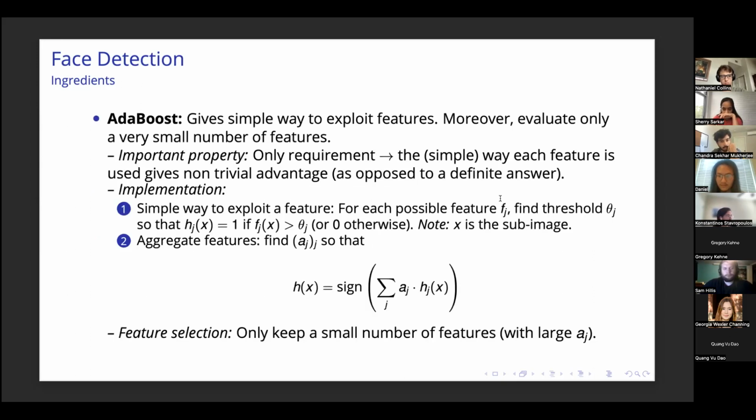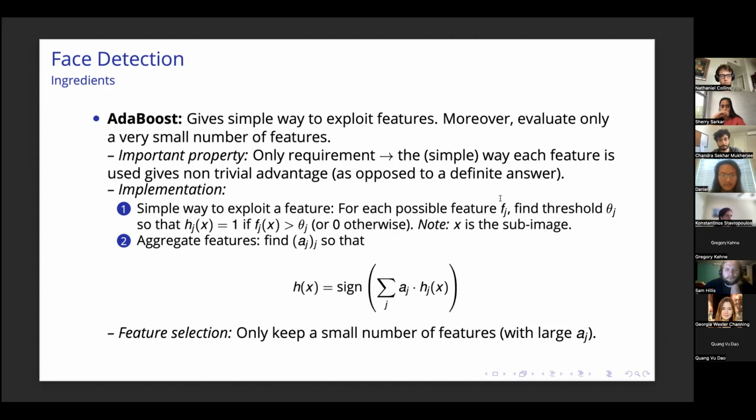Okay, and this simple way is based on a very fundamental, important property: we have some very crude, very easy way to say whether a given image has a probability somewhat larger than just 1/2 of being a face rather than not a face.